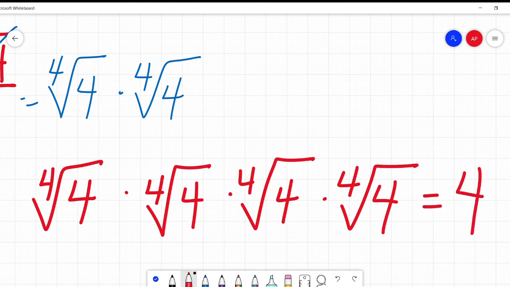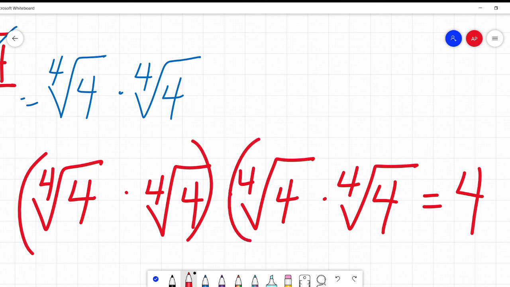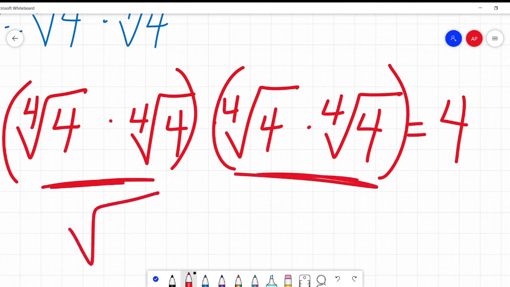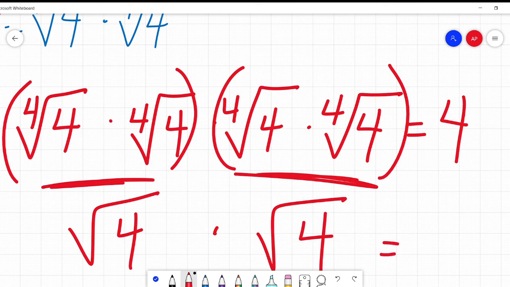So I could split this up and say the 4th root of 4 times the 4th root of 4 times the 4th root of 4 times the 4th root of 4 equals 4. That means each of these represents the square root of 4. It would have to be.